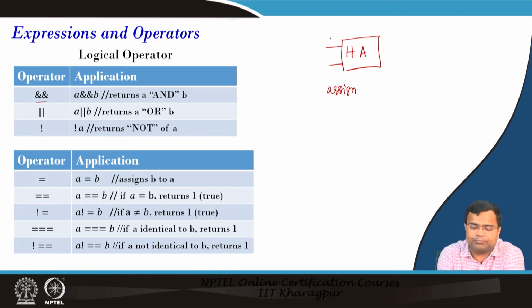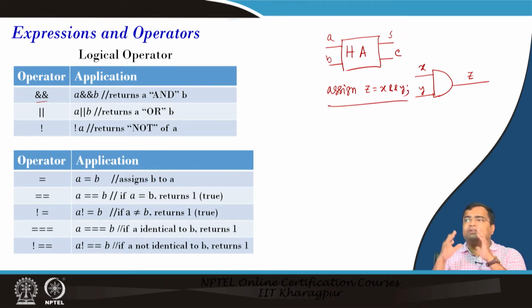These are the inputs A, B and outputs S and C. Here it is like X, Y, Z. So here you can assign Z equal to X and Y, that means it will simply be an AND operation.